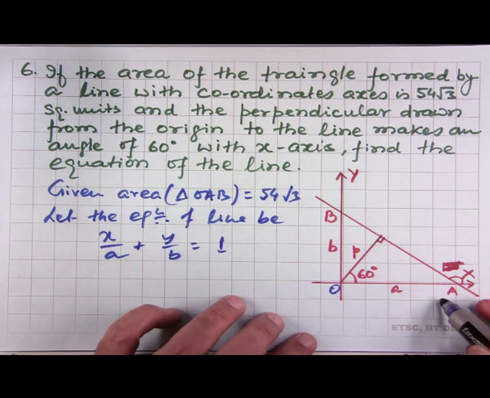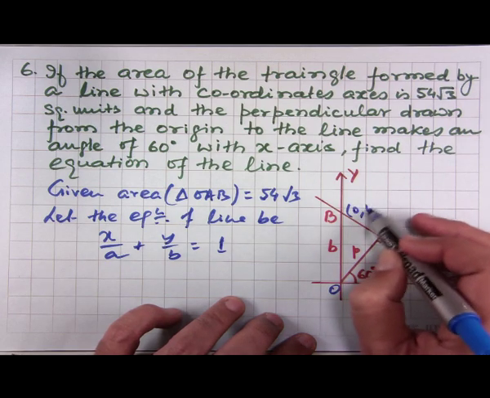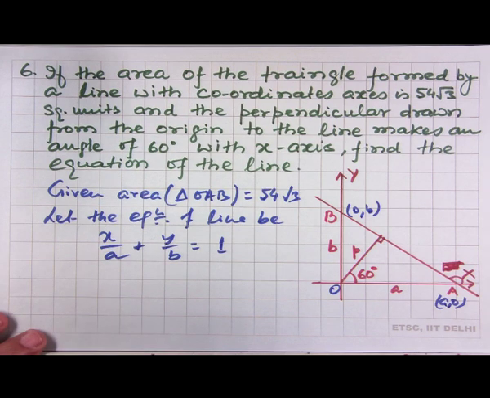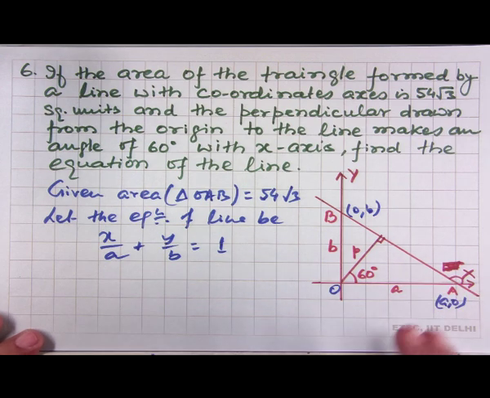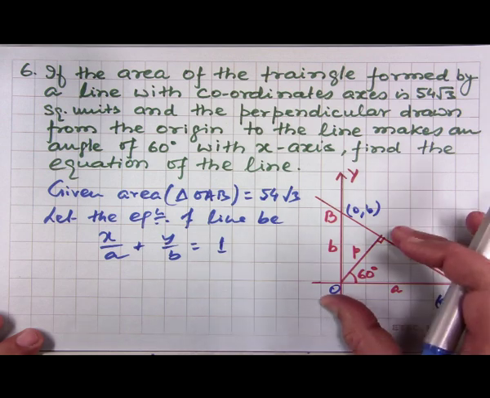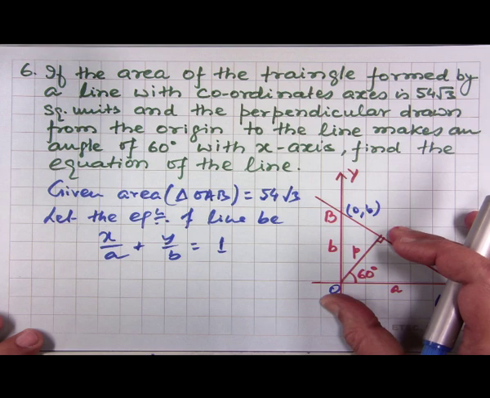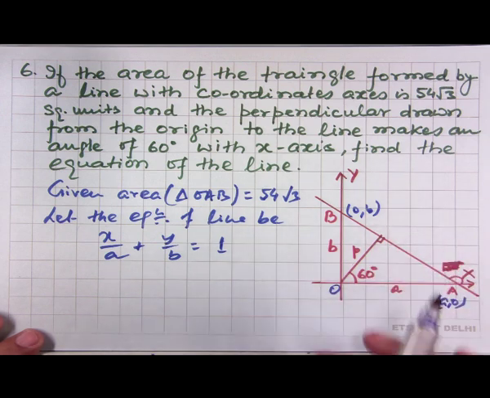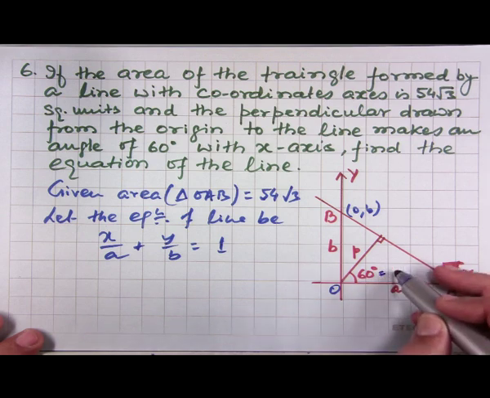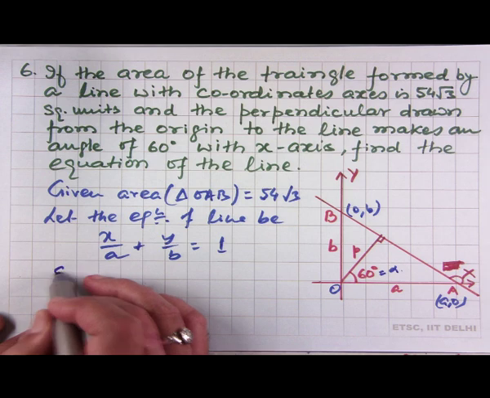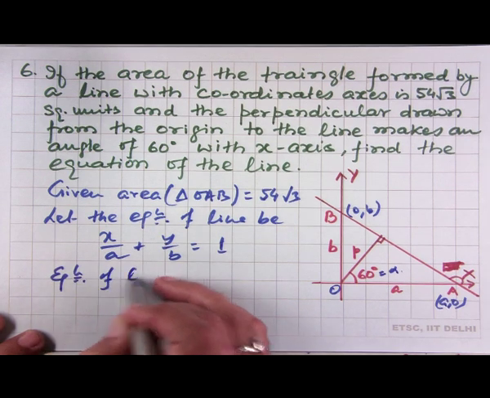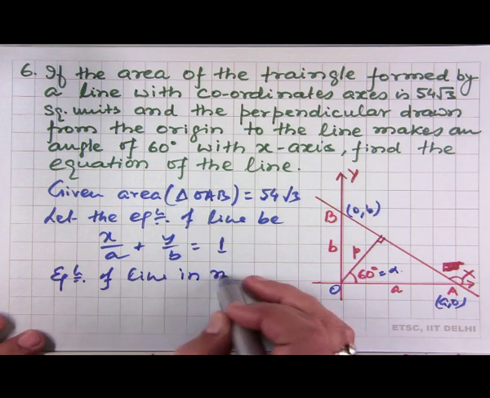So the coordinate of this A is (a, 0) and coordinate of this B is (0, b). Now we have two information. One information is given that perpendicular from origin makes angle 60 degree with the x-axis. It means alpha is given. So we can use this line, equation of line in normal form.